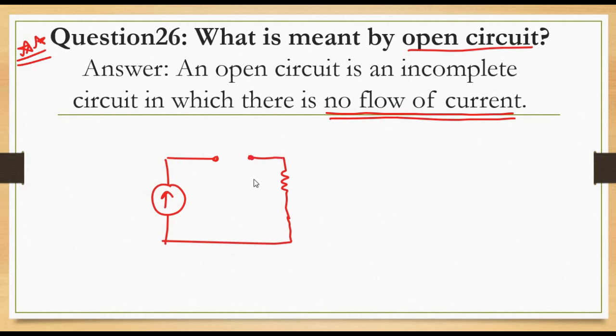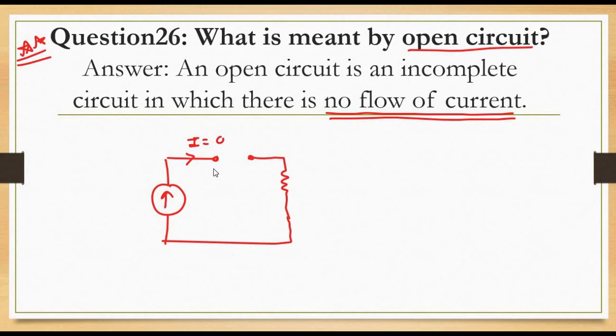Since we have removed the resistor, an open circuit has been formed in the circuit, so the current will not flow from this point to this point, and the current in the circuit will remain zero since the circuit is not completed.